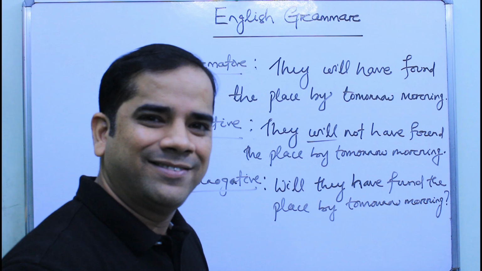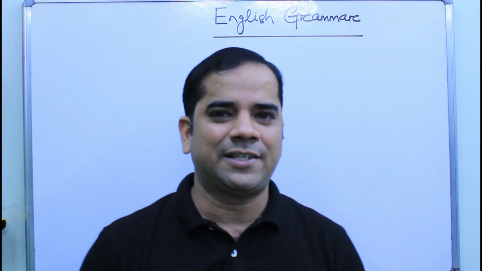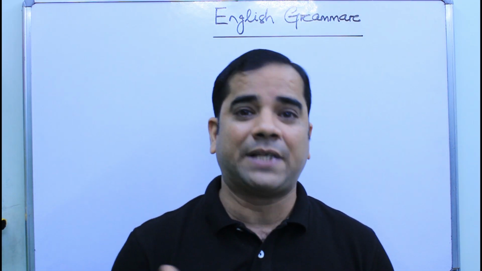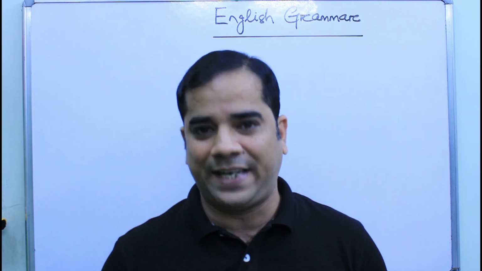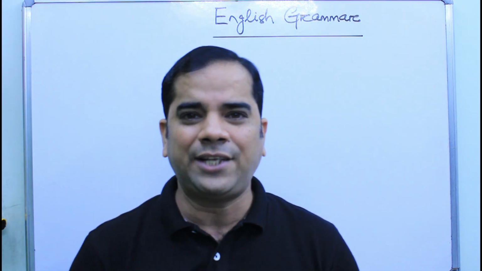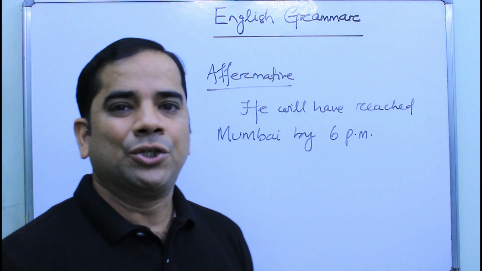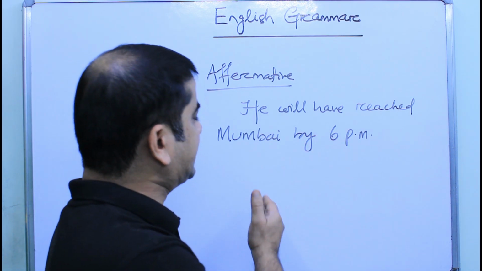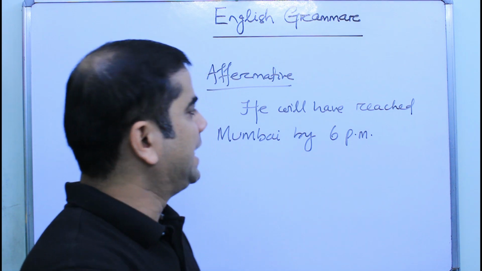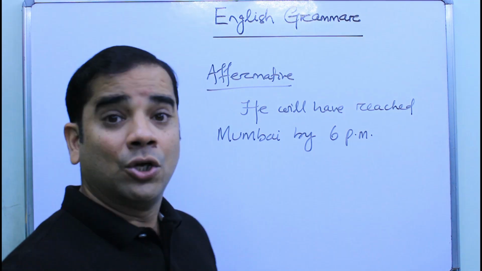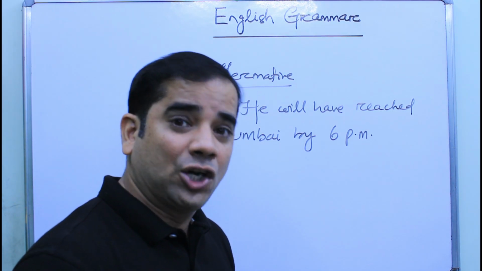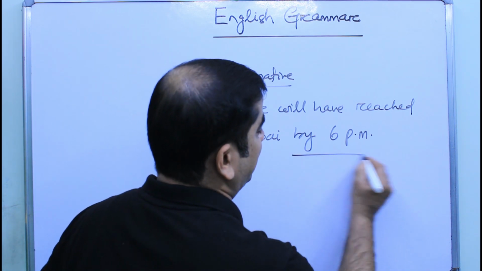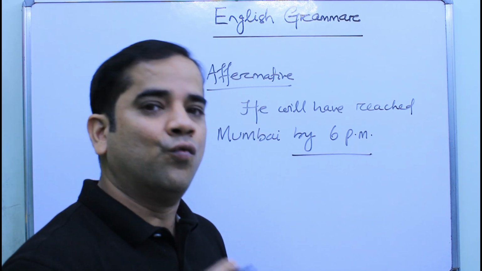Hope you understand. Students, let us now discuss how to form the interrogative sentence in future perfect tense using WH words. Okay. So students, here is an affirmative sentence, that is, he will have reached Mumbai by 6 p.m. It is in its future perfect tense. So in this case, to form the interrogative sentence, as time is given, we should use when.